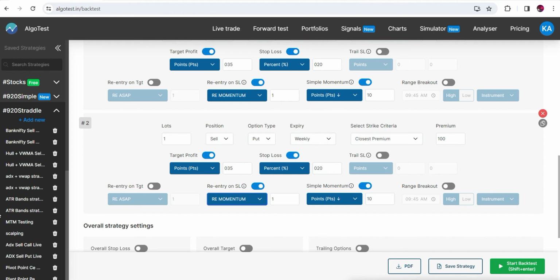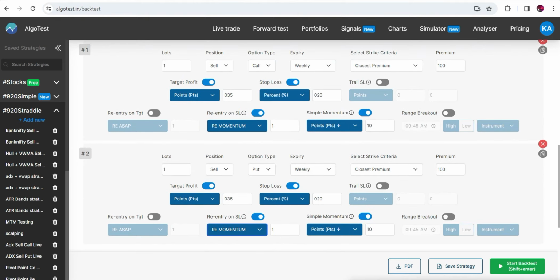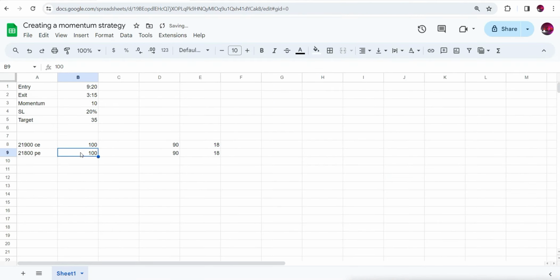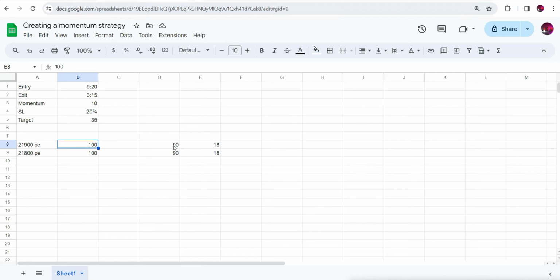Assume that at 920 it selected a 100 rupees premium, whose strikes were 21,900 call and 21,800 put, and the momentum we have is 10 points down. So at 10 points down, which means 90 points, when the market moves to 90, it sells the call. If the put side moves to 90, it sells the put. Okay, and what is our stop loss? 18 points, which means our stop loss is at 108.